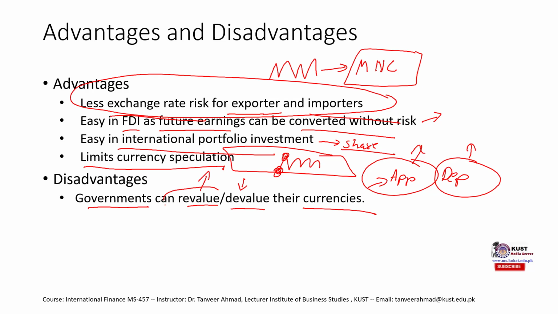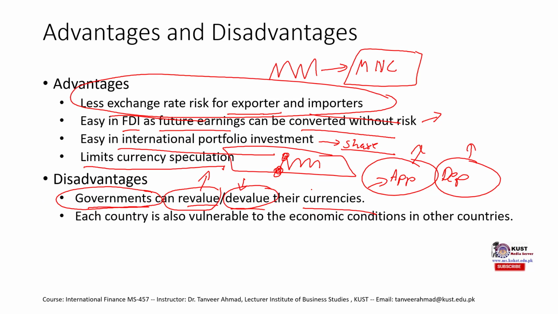But when we use the terms revaluation or devaluation, we specifically mean a change in currency value due to government intervention. So, although the exchange rate risk due to day-to-day volatility is eliminated for the importer and exporter, the risk that the government can devalue or revalue the currency is still there.